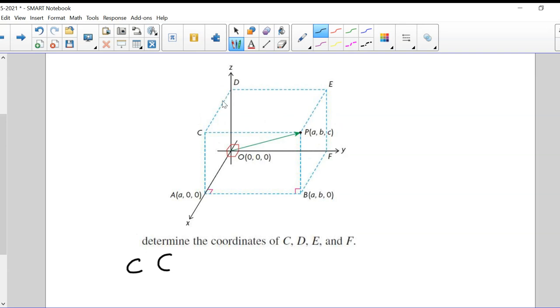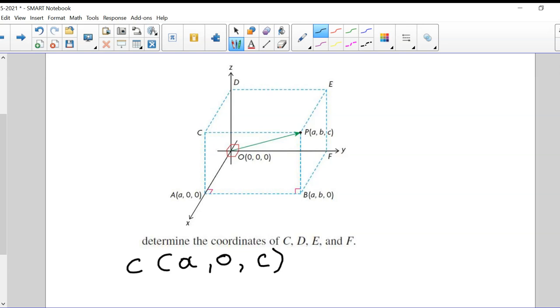So it looks as if I moved to a point along the x-axis, which gives me therefore the coordinate A. It looks as if I have moved up along the z-axis. So I'm going to give that the coordinate C. But it looks as if I did not move at all along the y-axis.